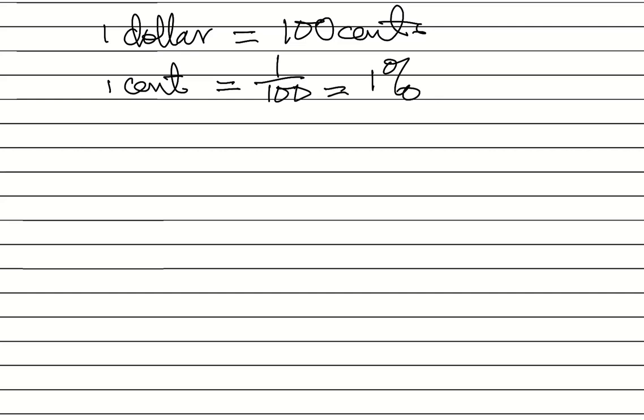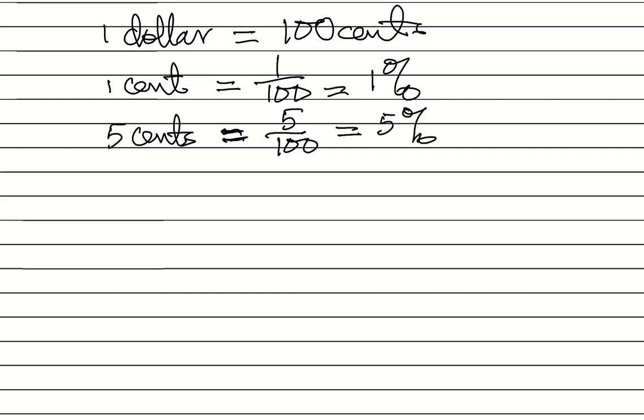That's 1 cent means 1%, right? We're gonna get deeper in there, but I want you to think about this for a minute. Think about 5 cents, the coin. What does that represent? It represents 5 over 100, which is the same thing as 5%.